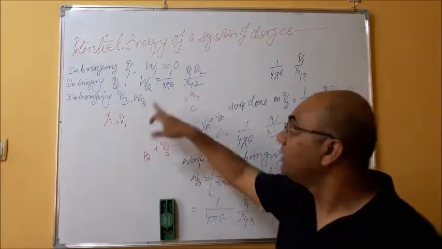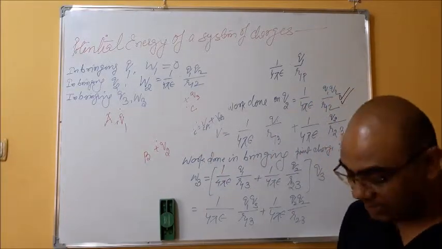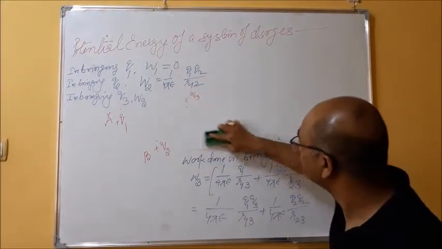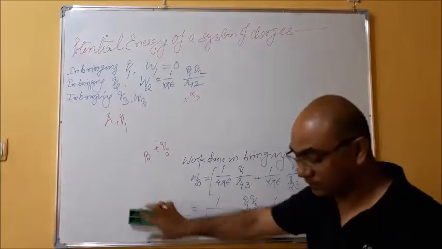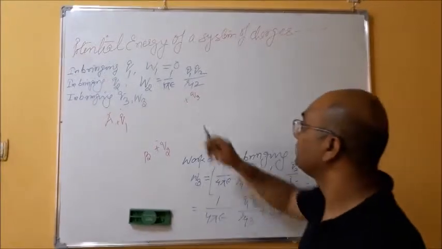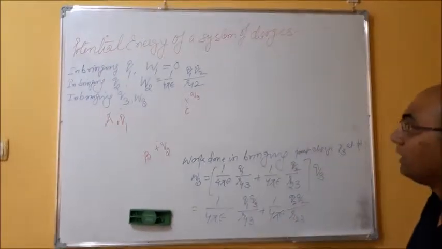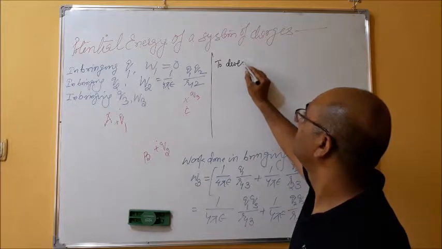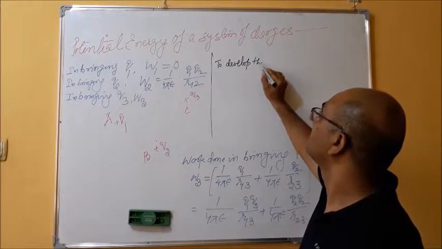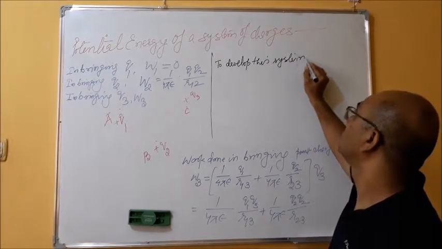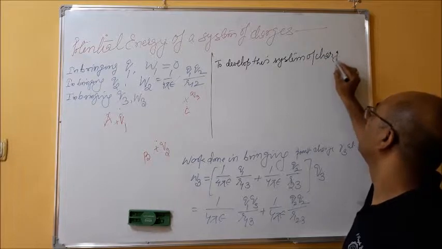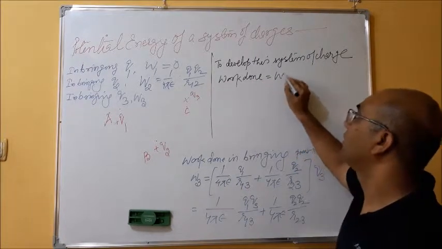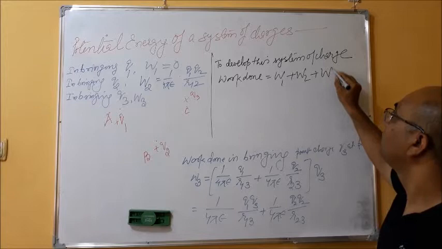The total work done will be W1 plus W2 plus W3 and hence we can say that, to develop this system of charge, the work done will be W1, W2, W3.